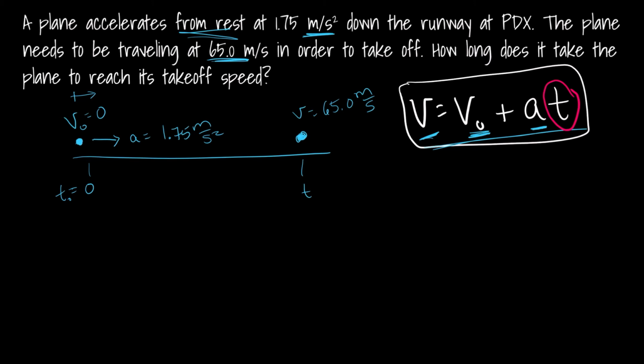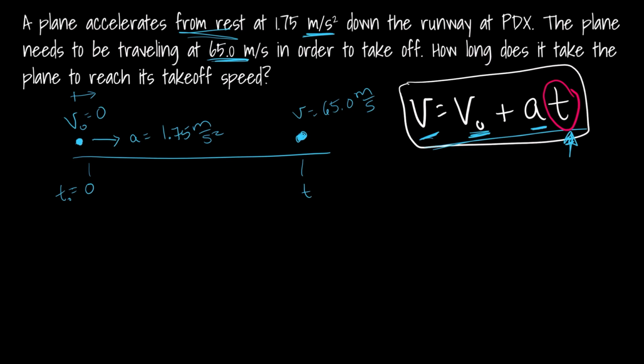I've identified my variables. Now I want to figure out how I'm going to put this into the equation. One trick in physics is to rearrange your equation as much as possible before you start plugging numbers in. So I'm going to rearrange this for t, so I get an equation of t equal to something.